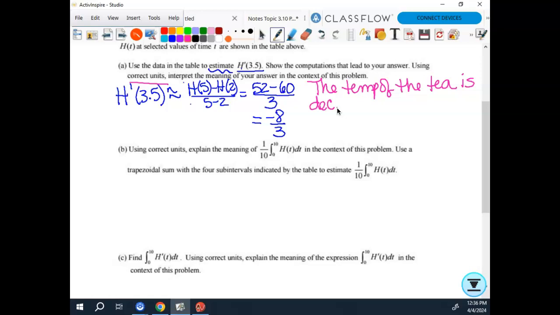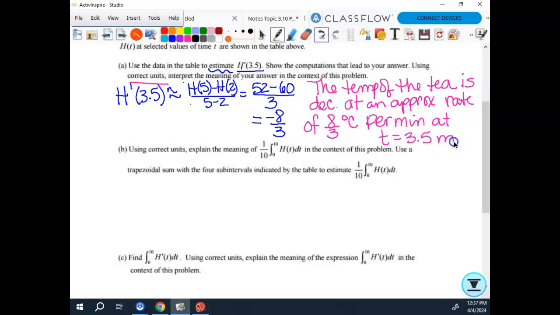Okay, decreasing at, do we know an exact rate? No, approximate rate. And then at an approx, you can abbreviate, rate of 8/3 degrees Celsius per minute at t equals 3.5 minutes.